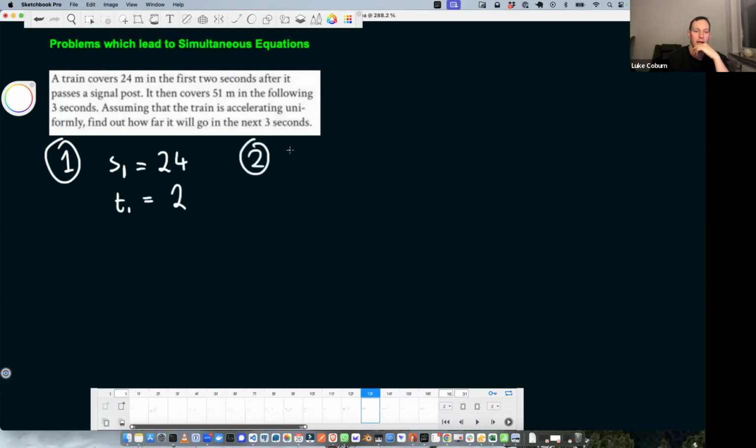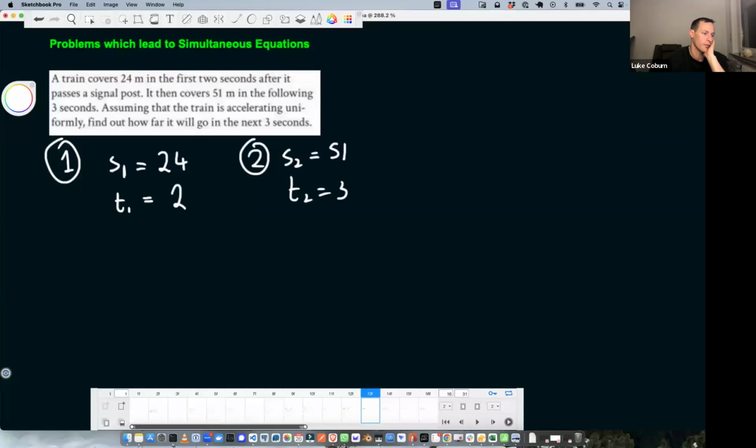So S2 is equal to 51, and T2 is equal to 3. And it says, assume that the train is accelerating uniformly. Find out how far it will go in the next 3 seconds.